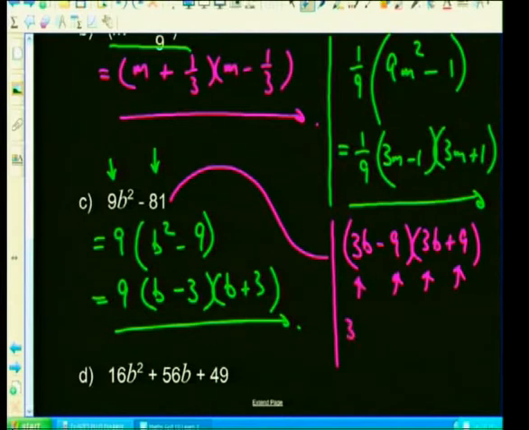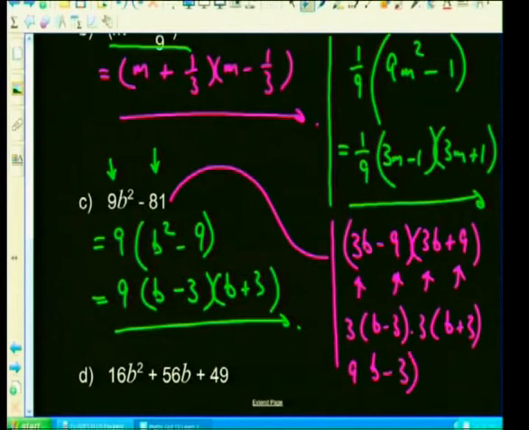And we would have had to take out a 3 from the first bracket and a 3 from the second bracket, and then sort out our answer afterwards. And look, we have exactly the same answer as what we started with. It just took a little longer.